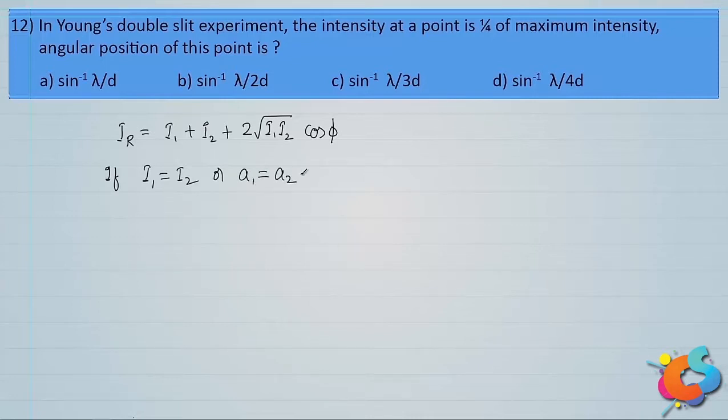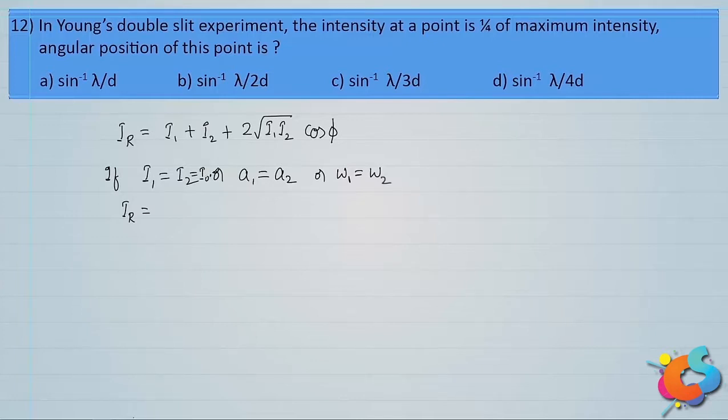So I'll write this as the individual amplitudes A1 is equal to A2, or you can also call it as W1 being equal to W2, where W indicates the slit width. In such a case, you can rewrite this expression as IR is equal to, you can call this I1 and I2 as equal to I naught. Let me say here I naught.